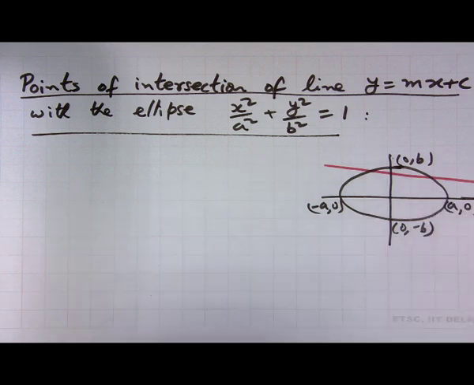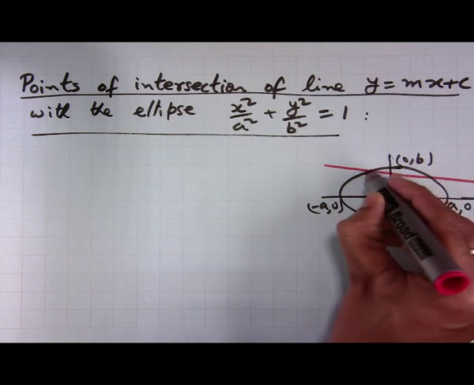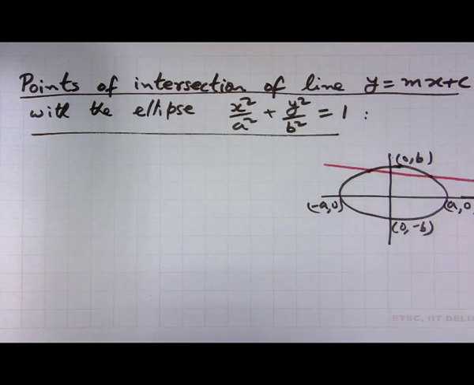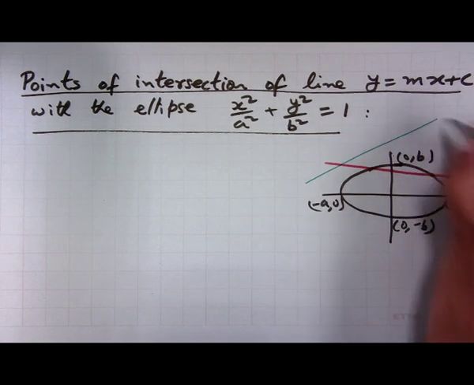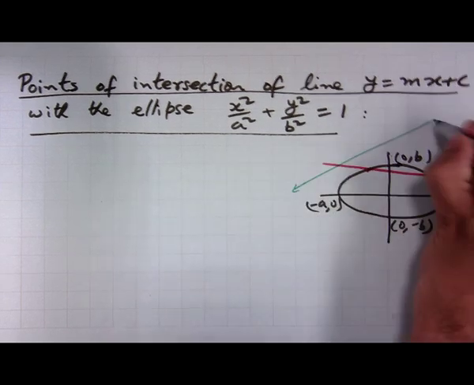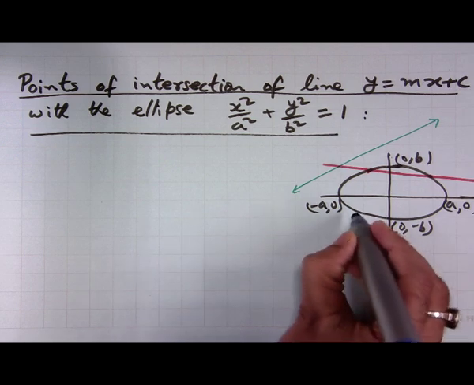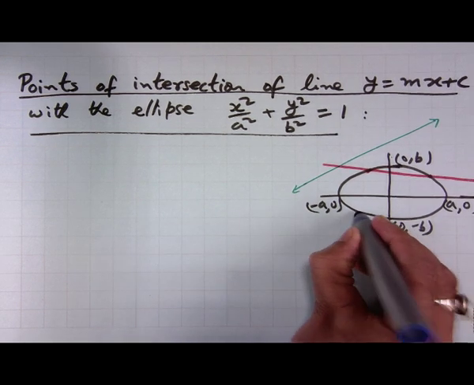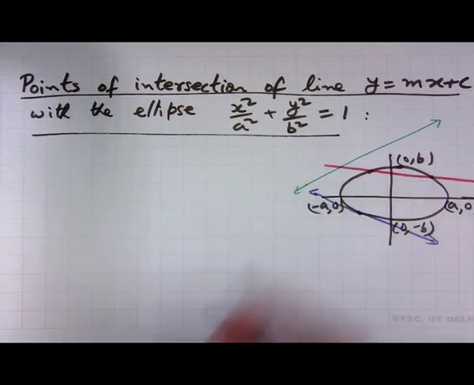This line might intersect the ellipse in 2 points, or it might not intersect the ellipse at all, and the third case is that the line can intersect the ellipse in only one point.